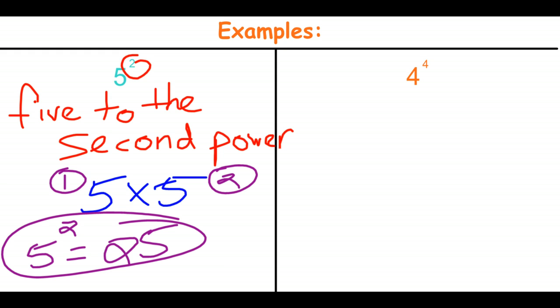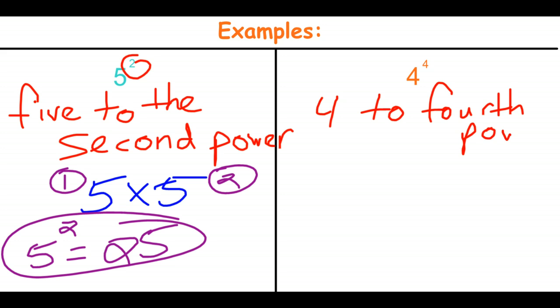When we come into the next example, not 4 times 4 but 4 to the fourth power. There's no special name for a fourth power, it's just a fourth power.